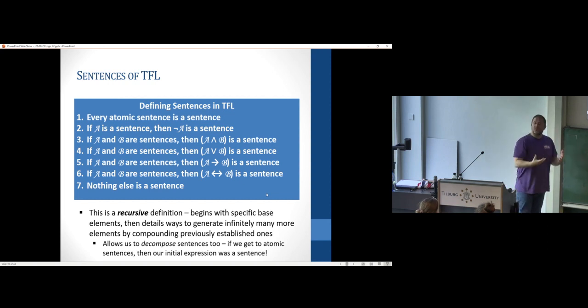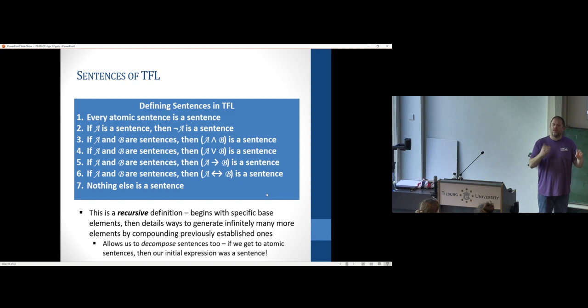And we might loosely say that that's sort of giving the meaning of the atoms, but that's not quite true. That's just a mapping. The meaning of an atomic sentence in TFL is just, is it on, is it off? It doesn't have any kind of meaning in the same way that we think of 'the ball is red' as having meaning. There's no reference in TFL. There's just true and there's false, and that's it.